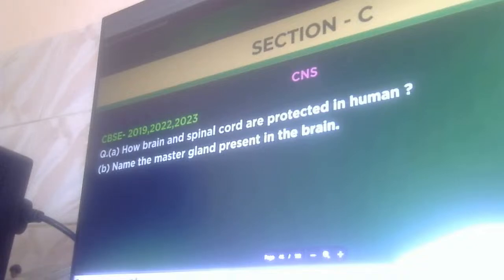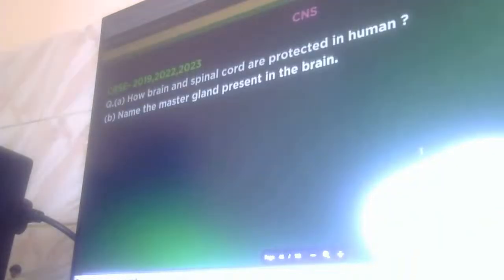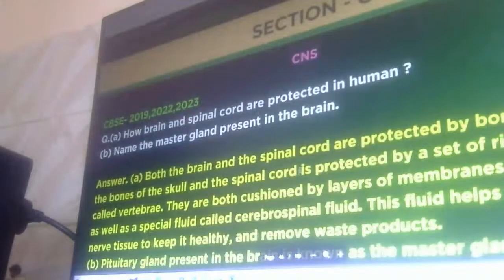I forgot. And in the spinal cord, there's the vertebral column, and the spinal cord is enclosed in the vertebral column. Master gland is the pituitary gland. Brain, skull, spinal cord is a set of ring-shaped bones called vertebrae, cushioned by layers of membranes called meninges.